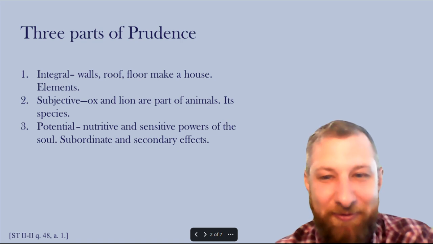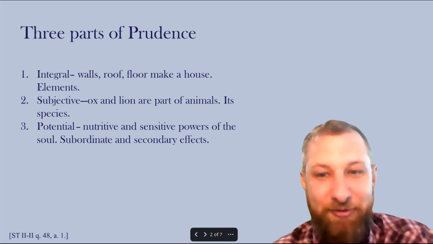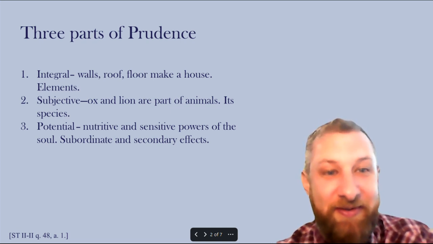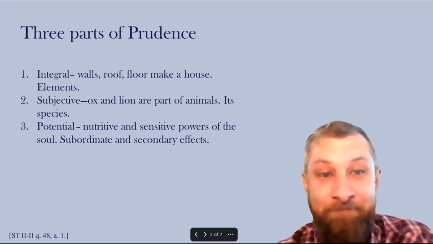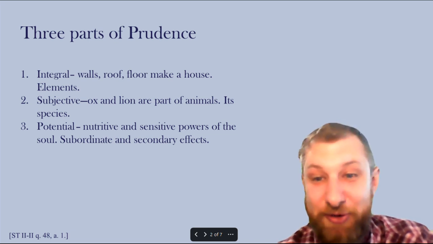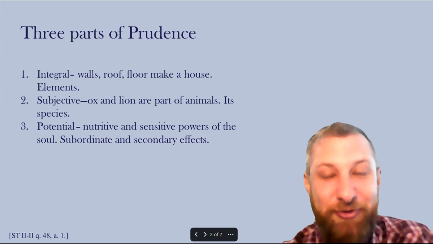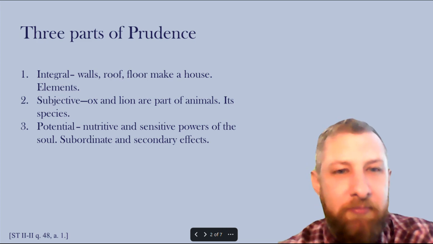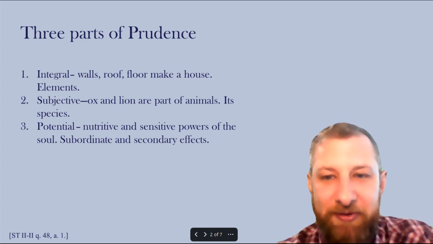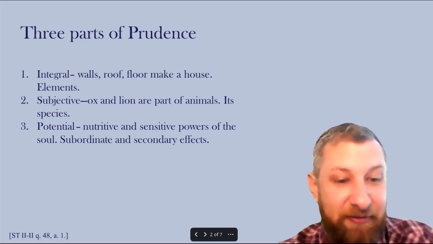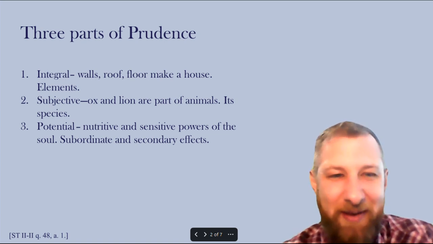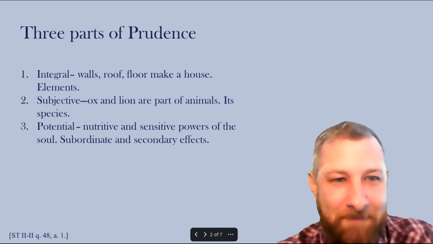A roof is not fully a house. A floor is not fully a house. It actually requires an additive measure of the different integral parts in order to create the house. The subjective parts are subjects to the class of animals, and they are not dependent on one another, unlike the integral parts. So these are species, and if you're familiar with species of animals, it's the same thing. They are parts of a family.